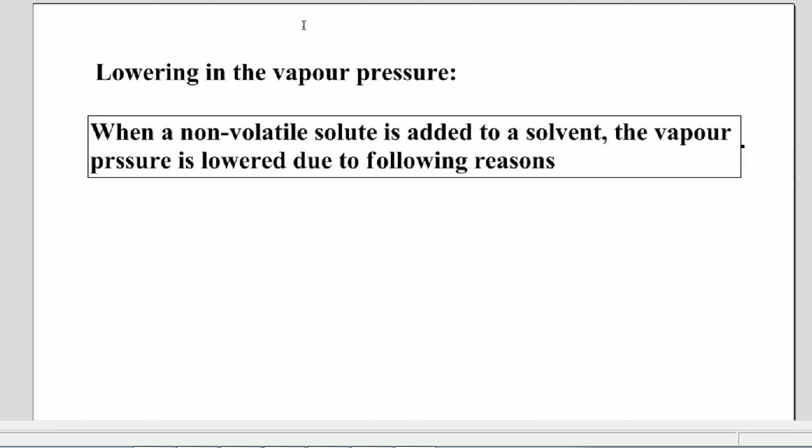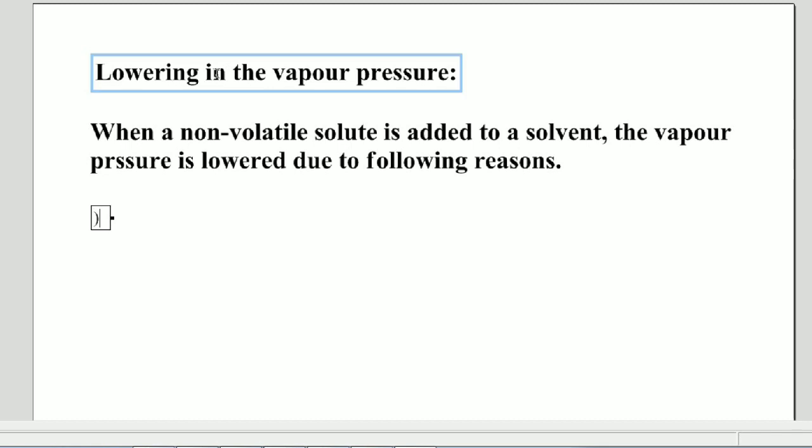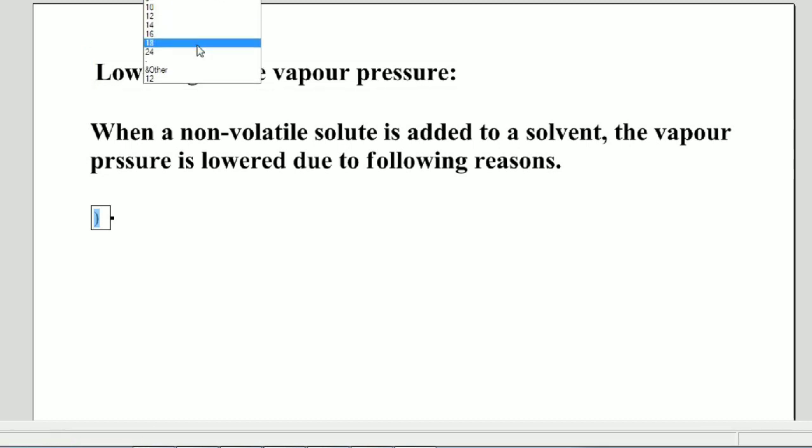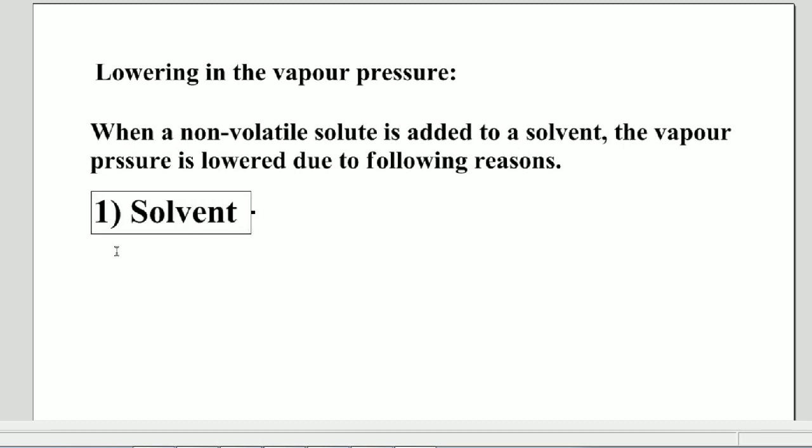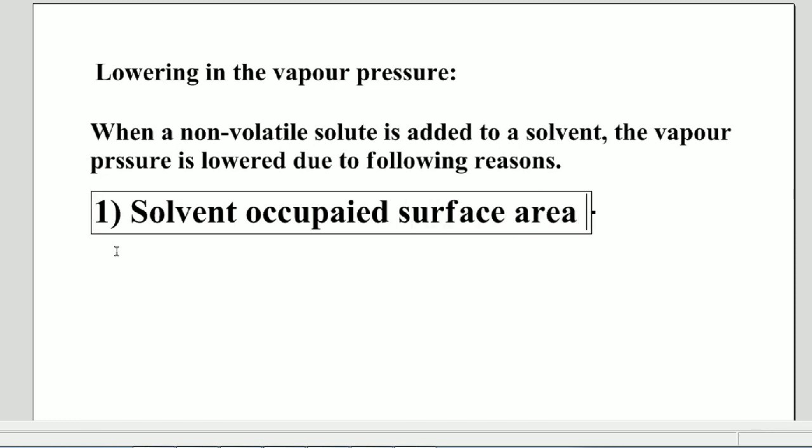Students, whenever a non-volatile solute is added to a solvent, the vapor pressure is lowered due to the following reasons. Reason number 1: the solvent occupied surface area percentage is decreased.